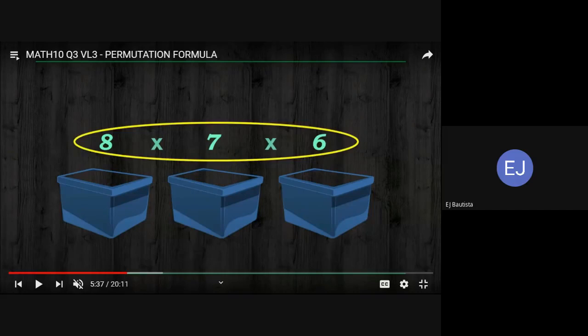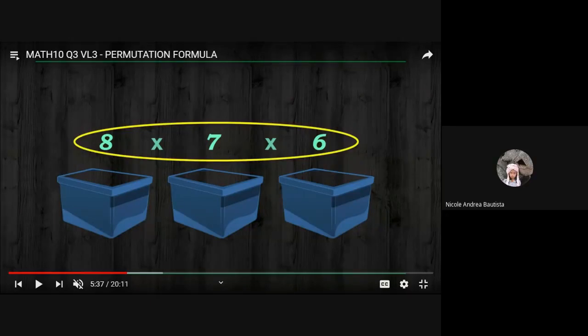Pwede kaya natin siya i-express to factorial? Yes po. Magkakasunod po, minus sila one, descending po, tapos consecutive po. Yes, magkakasunod sila, consecutive. Ano pa? How can we rewrite it to factorial?